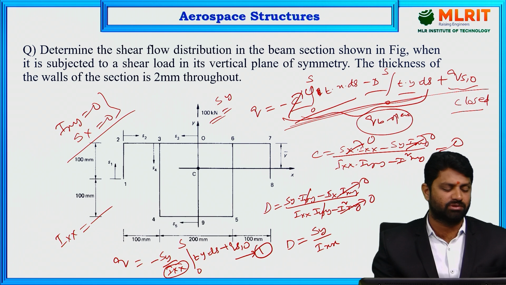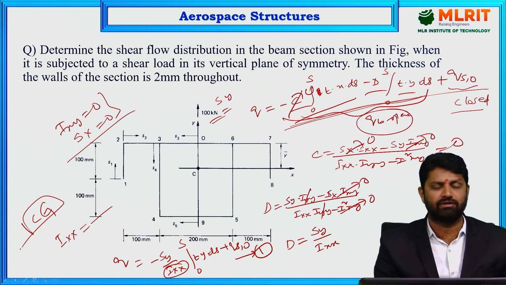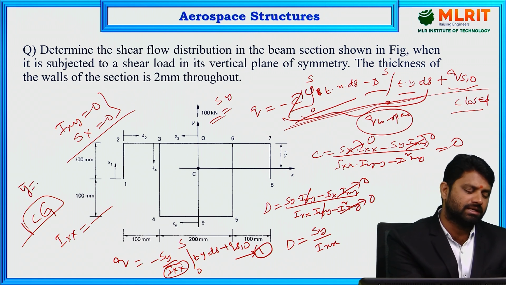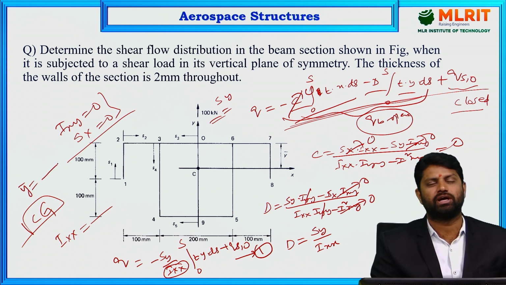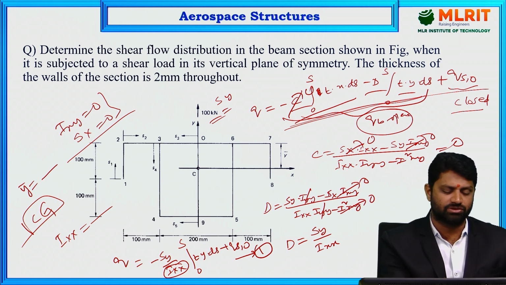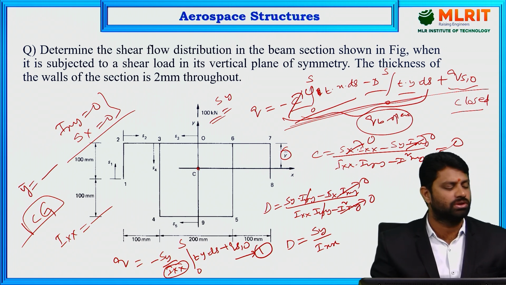To calculate the moment of inertia about the x-axis, we should know the position of the centroid, the CG position. Since the given figure is symmetrical about the vertical axis, it is sufficient to find y bar, which you can mark on the vertical axis of symmetry, as shown here. Once this is marked, it is easy for us to calculate the moment of inertia about the x-axis.